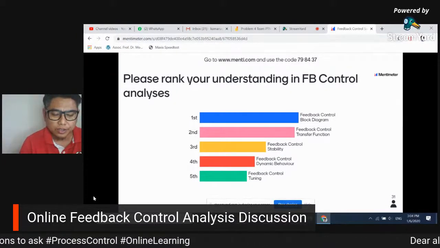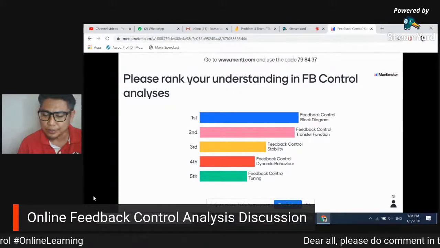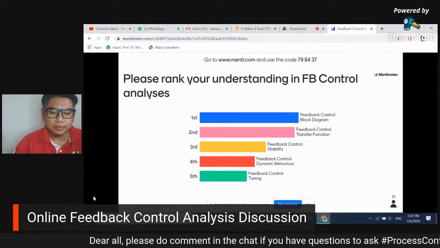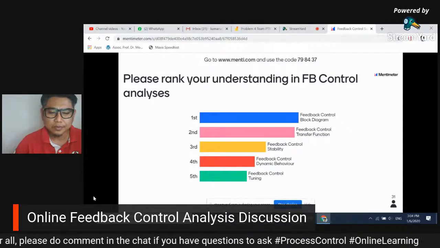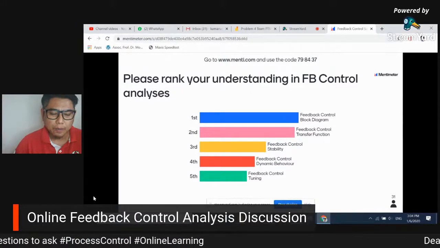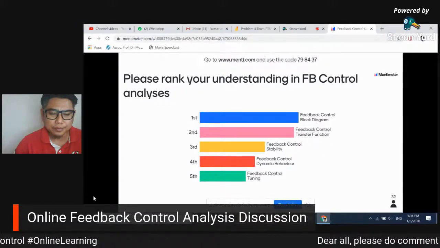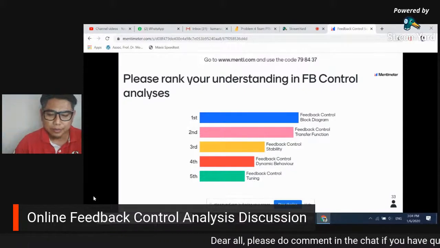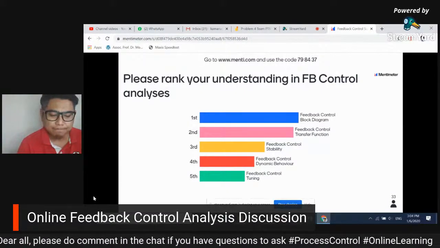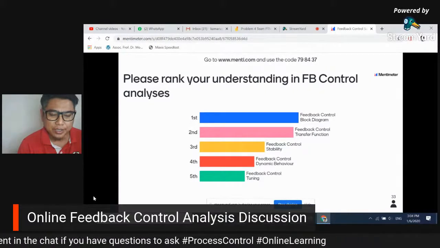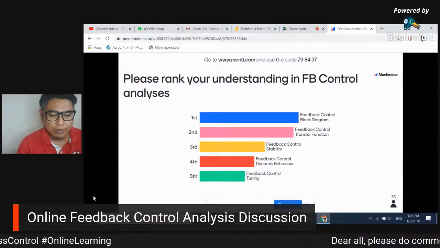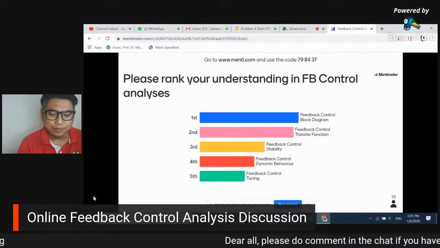Okay, the most difficult is the tuning. Wow. All right. So the input is still coming. Surprisingly, you are quite easy with the stability rather than dynamic behavior. Wow.